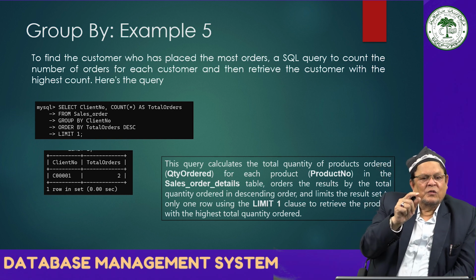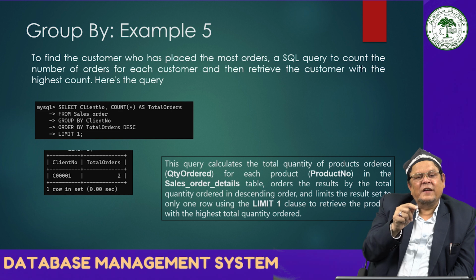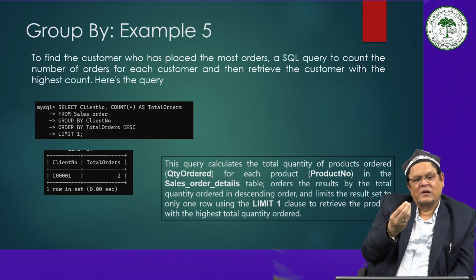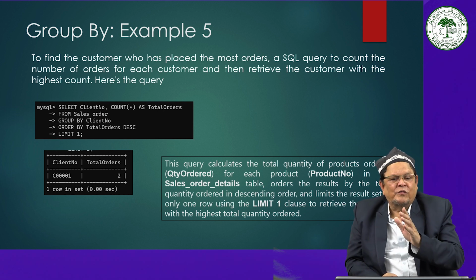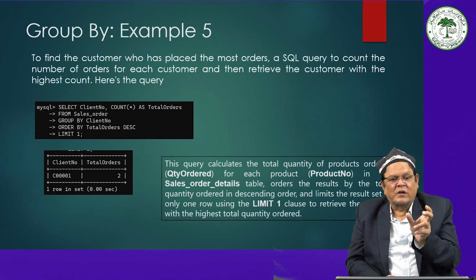Select client number, comma, count asterisk rows as total order. This is for understanding, so you can easily understand. And from the table named sales order, group by client number, and order by total order.